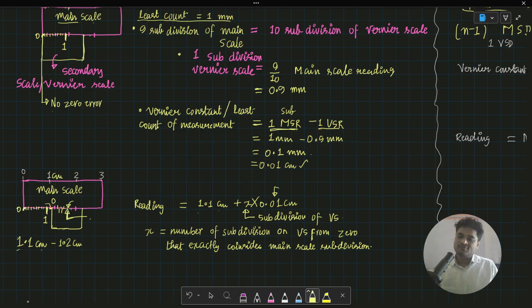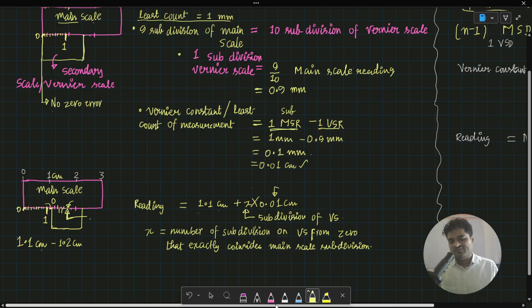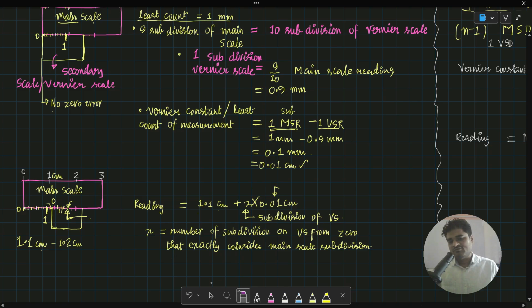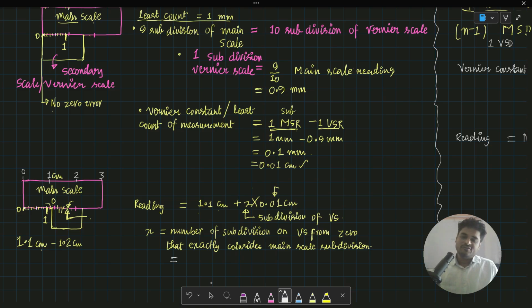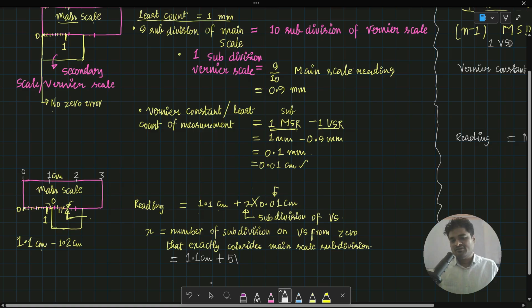Hopefully this makes sense. So in case, let's say we have found that x, the subdivision on the Vernier calipers, is 5 subdivisions that exactly match with the main scale, and so the reading will become 1.1 centimeter plus 5 into least count of the Vernier scale.